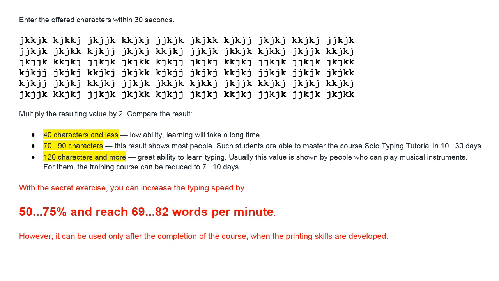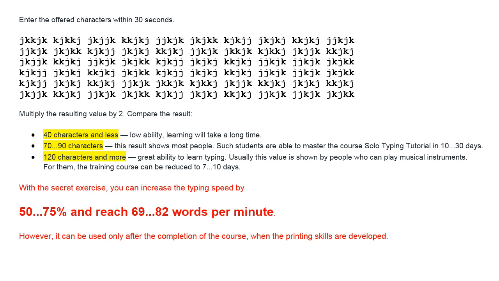Before passing the course, I would like to say about another exercise, which will give the opportunity to significantly increase the speed of typing by 50-75%. However, it should be taken only after the basic course. The results of the majority of students who have completed the course are 150-200 characters per minute, or 41.55 words per minute.